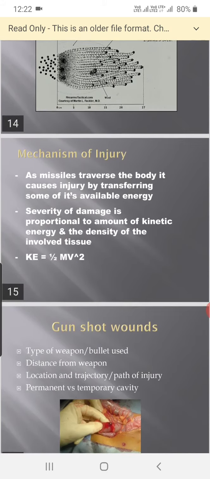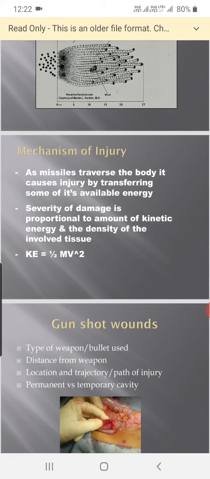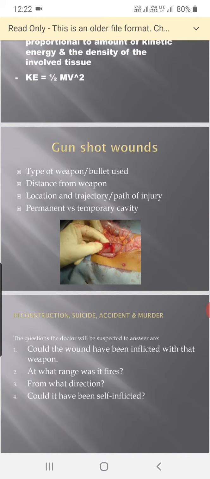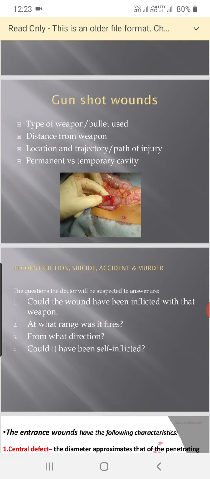Now coming to the mechanism of injury. As the missile traverses the body, it causes injury by transferring some of its available energy, and the severity of damage is proportional to the amount of kinetic energy and the density of the involved tissue. Gunshot wounds vary on the basis of the bullet used, the distance from which the weapon is fired, the location and trajectory path of the injury, and the permanent and temporary cavity.